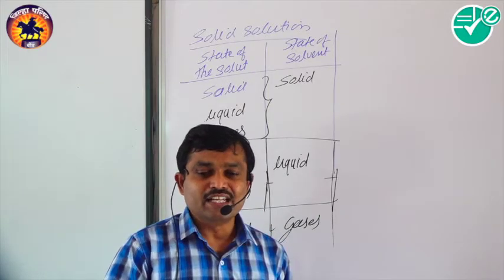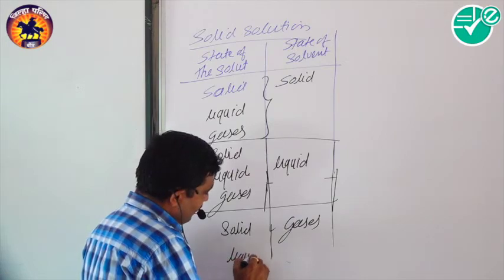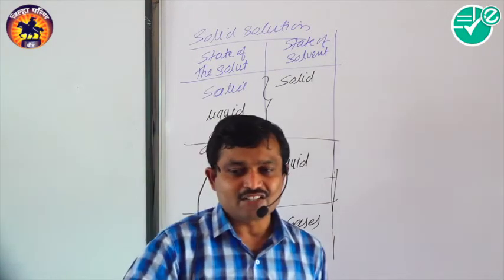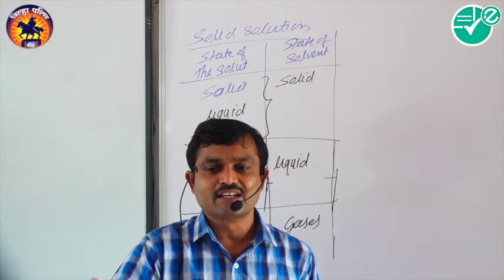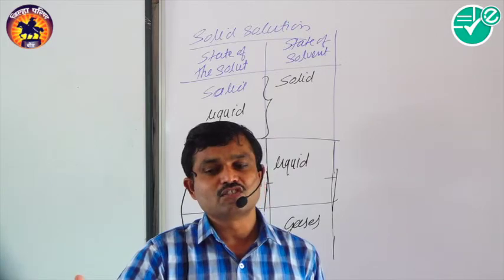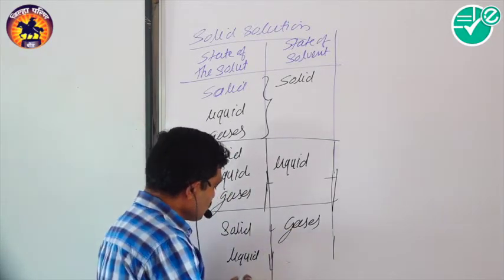Then liquid in gases: a well-known example of that is chloroform in nitrogen. So chloroform in nitrogen is a well-known example of this gaseous solution.